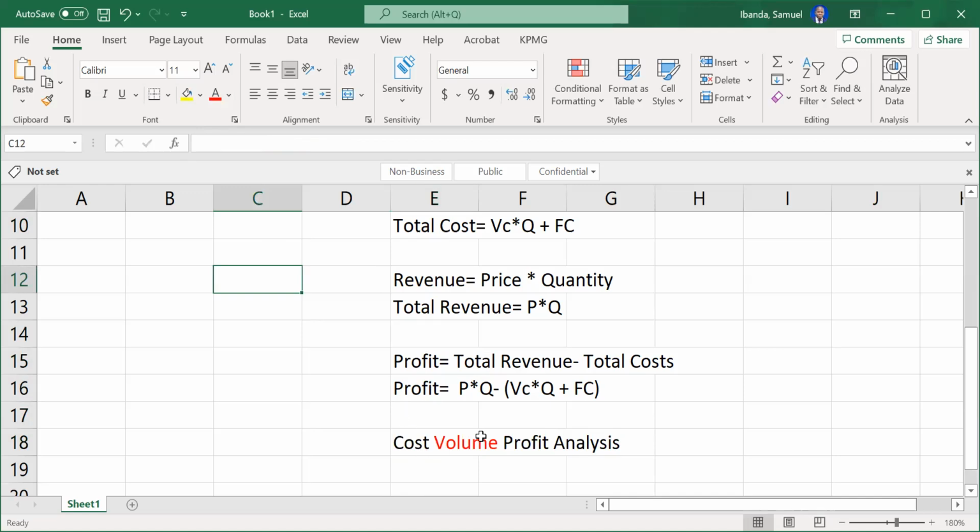Cost depends on volume and profit depends on volume. As we can see, the higher the quantity, the higher the total cost.